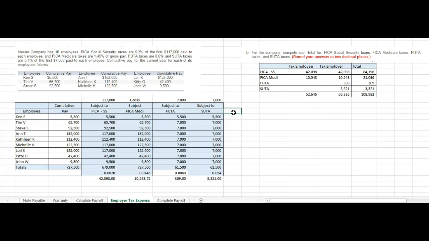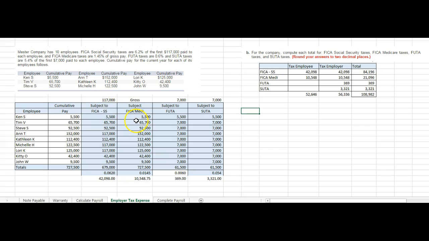You could have insurance, if you pay insurance. There could be other types of credits that could be considered payroll taxes. Maybe a contribution to the retirement fund, however things are set up. But these are your four basics, and those are the ones we're going to concentrate on.